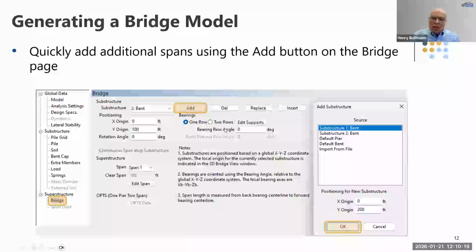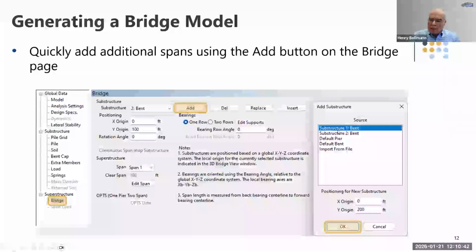Okay, so we want to add spans to this bridge. The way to do that is we go to Bridge, again on the same menu, and click Add, and notice that you can add bents, you could delete bents, you could replace bents, you could even insert bents. Fantastic feature.